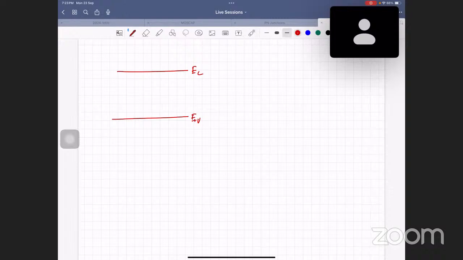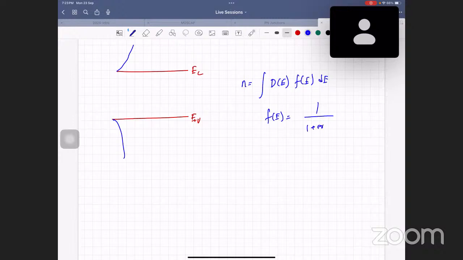I'm just trying to explain this concept. The carrier concentration is dependent on two factors. One is the density of states, and the other is the Fermi distribution, the probability of occupation of energy. The integral is what determines the total. Now, for a simple intrinsic semiconductor, your probability of occupation is the Fermi function that we know: F of E equals 1 by 1 plus exponential something.